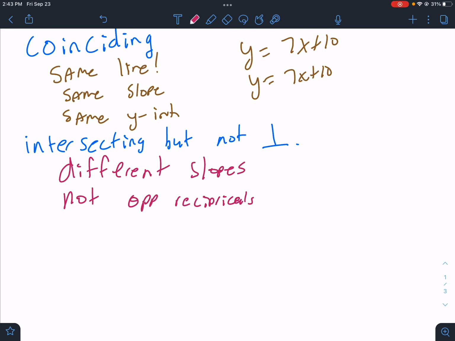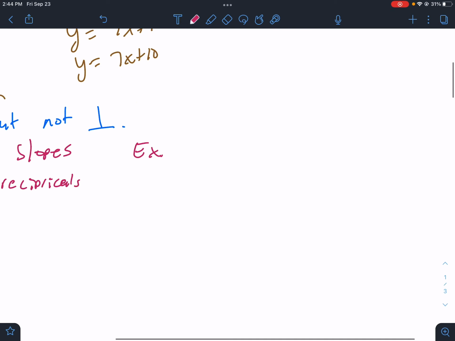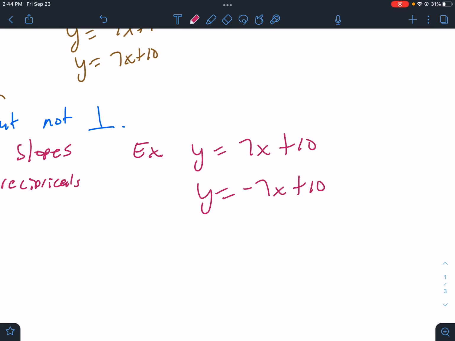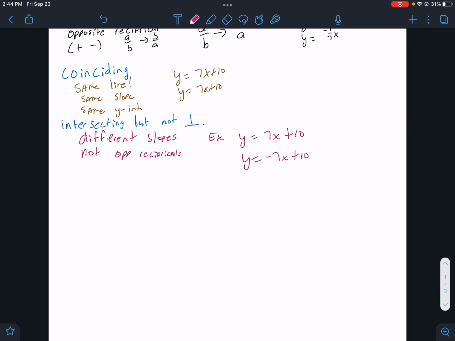So intersecting lines but not perpendicular just have to have different slopes. An example would be y equals 7x plus 10 and y equals negative 7x plus 10. As long as the slopes are different but not opposite reciprocals, they're going to hit.